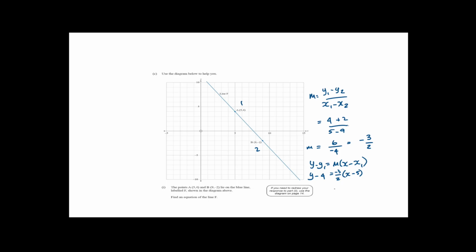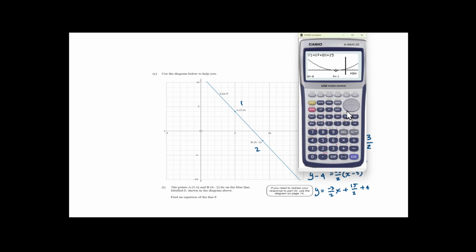So let me write y equals -3 over 2 x plus 15 over 2 plus 4, because we bring this 4 over. So 15 over 2 plus 4.